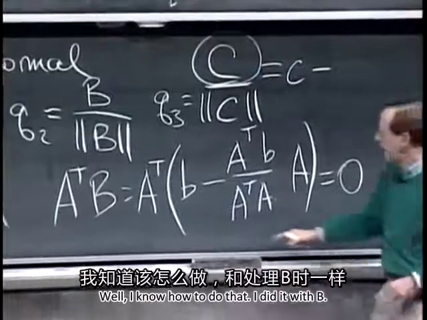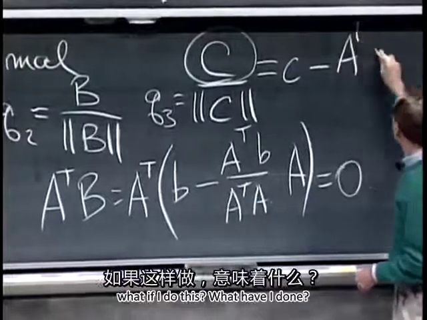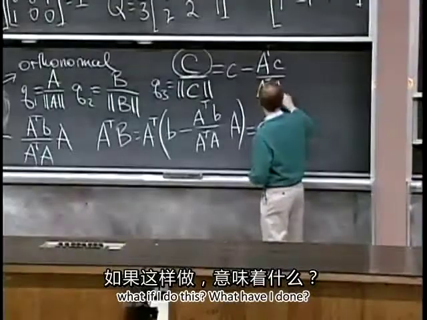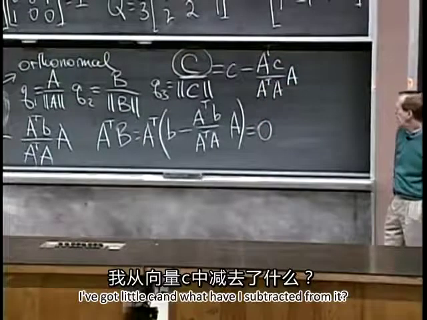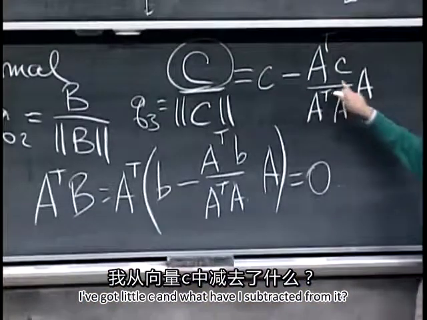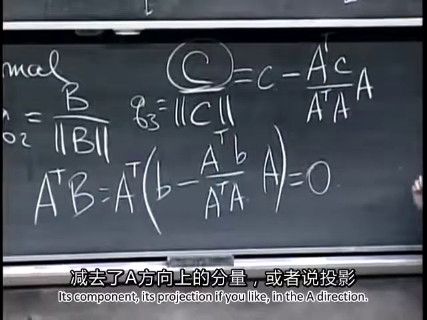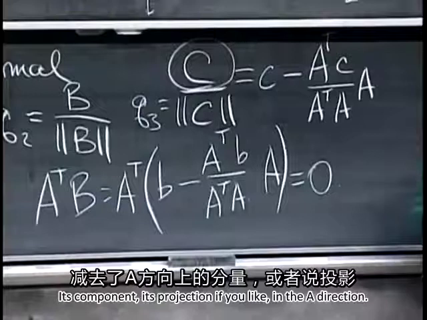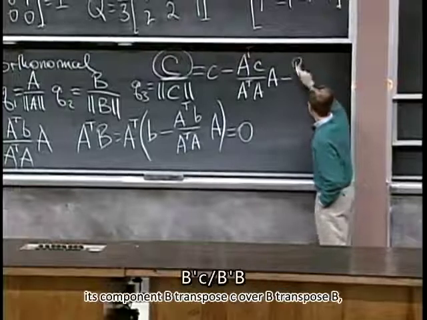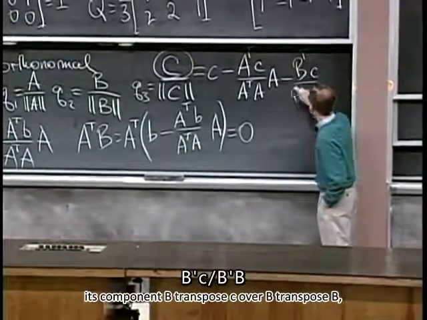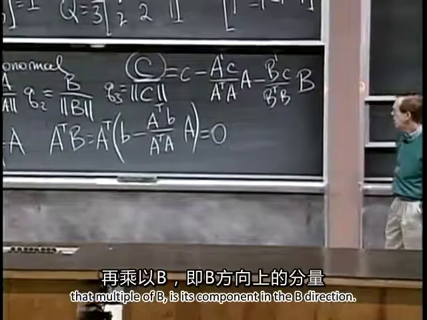Well, I know how to do that. I did it with B, so let me take away. What if I do this? What have I done? I've got little c, and what have I subtracted from it? Its component, its projection, if you like, in the A direction. And now I've got to subtract off its component B transpose C over B transpose B. That multiple of B is its component in the B direction.